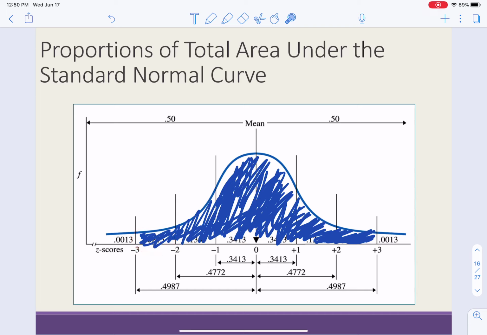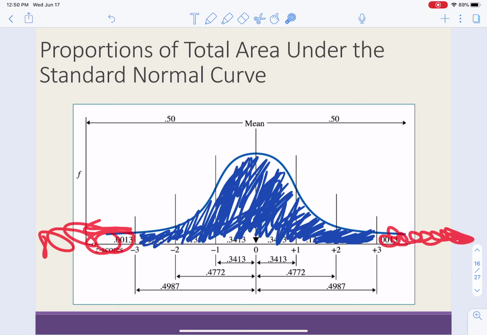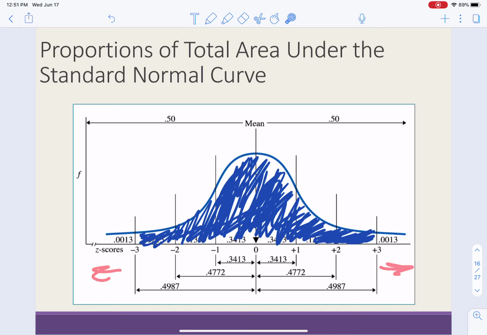But for whatever reason, statisticians have decided that it's still likely enough that I can randomly choose it. But any data point that is more than 3 standard deviations away from the mean in either direction is considered very unlikely, okay?